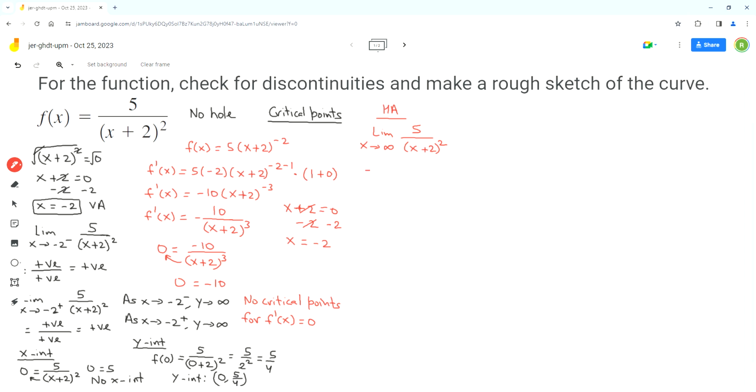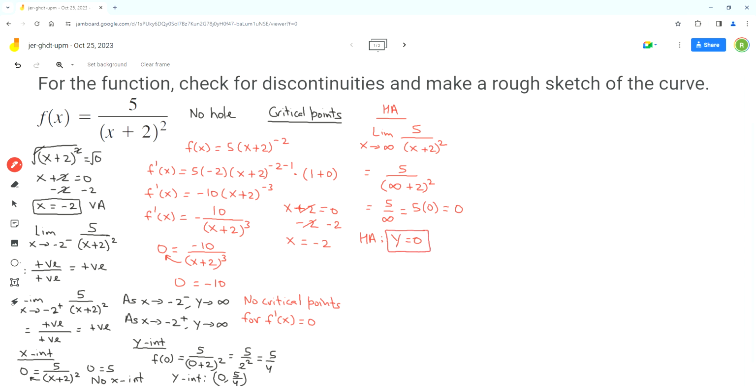Now we'll apply the limit, so we get 5 over infinity plus 2 squared. Now in the denominator, infinity plus 2 is infinity and the square of infinity is infinity. So we get 5 over infinity, which is equal to 5 times 0, which is equal to 0, because 1 over infinity is equal to 0. So for this rational function, the horizontal asymptote is at y equals 0.